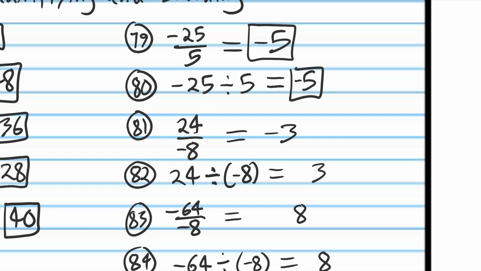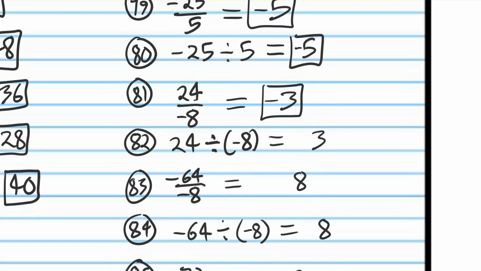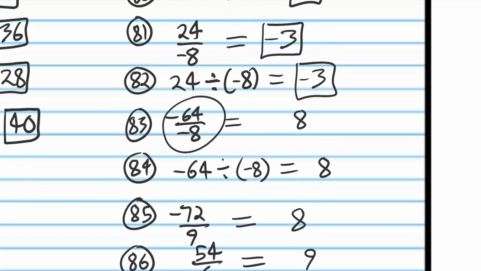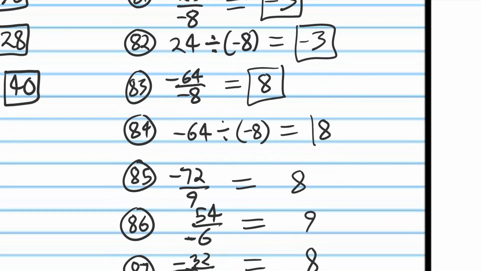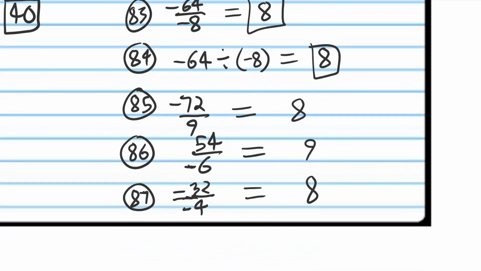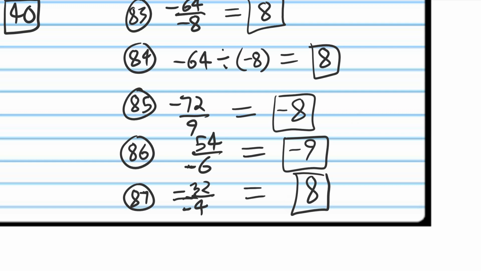So these are unlike signs. That would be negative. And here you have like signs, so your answer is going to be a positive 8. Should probably move that closer. And here you have like signs again. And here, like signs, so positive.